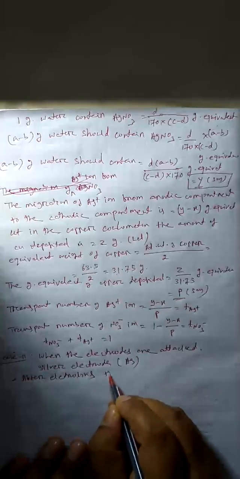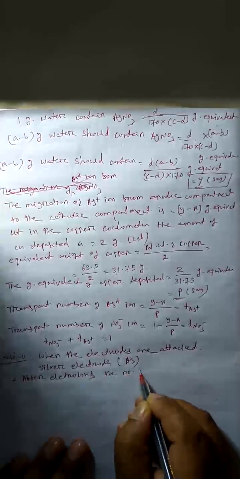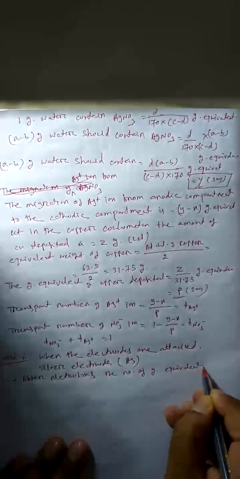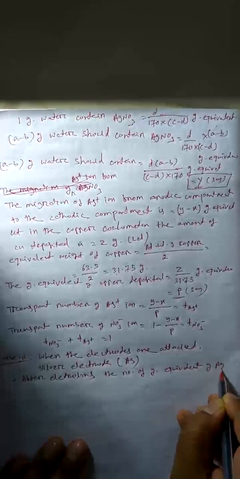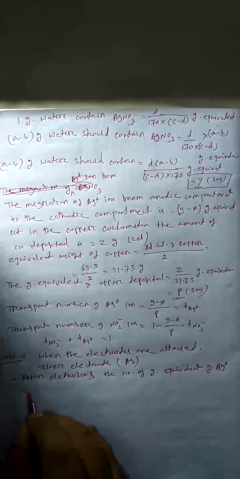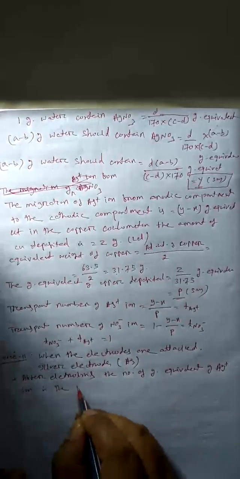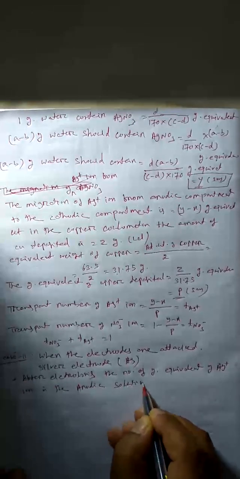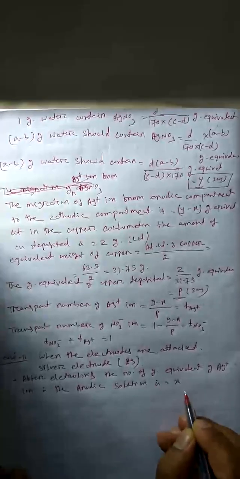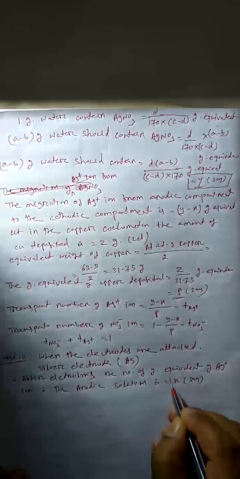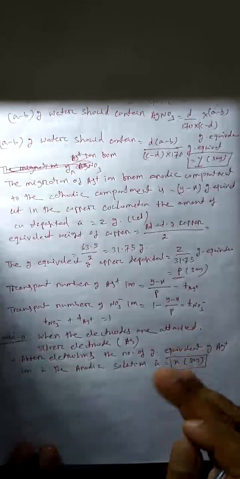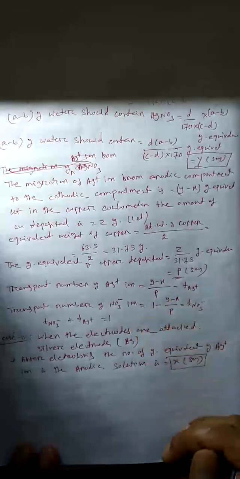The number of gram equivalent of silver ion in the anodic solution is X. Let it be X, because nitrate ion moves towards the anode, attacks the silver electrode, and then releases silver ion.